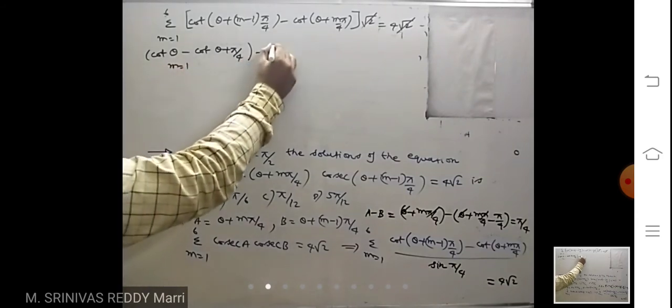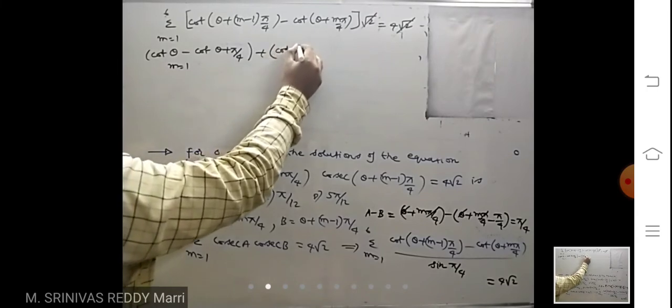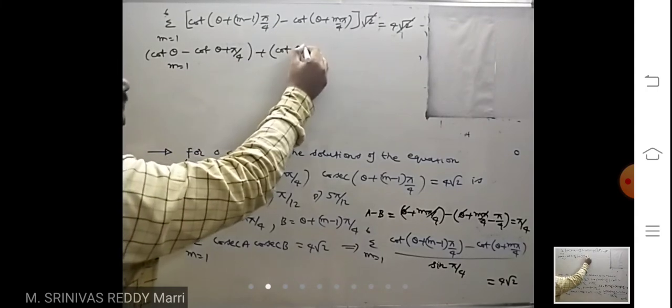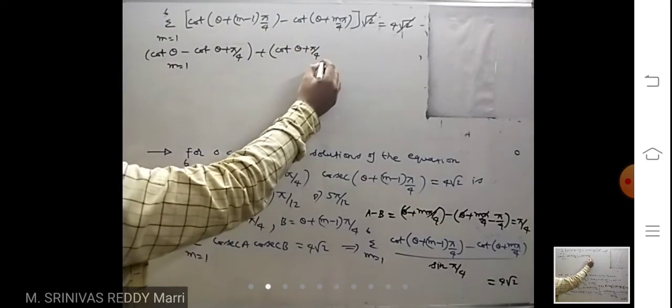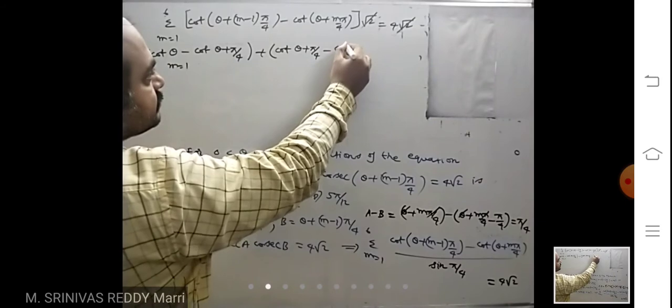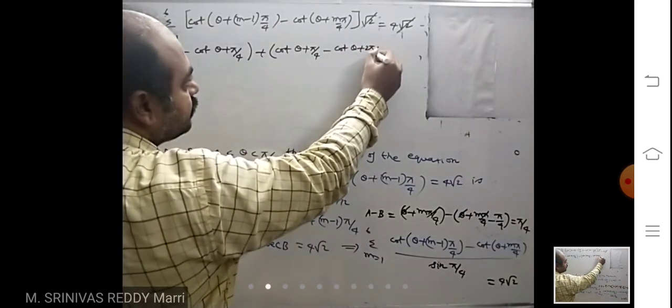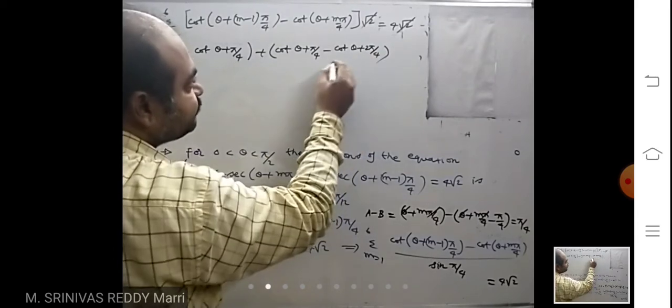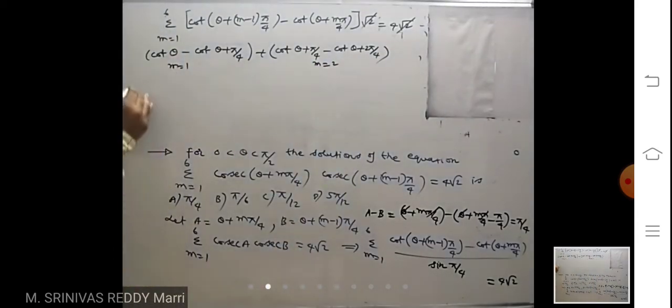Next m equal to 2: if you substitute 2, you get cot theta plus pi by 4 minus cot theta plus 2 pi by 4. This is for m equal to 2.